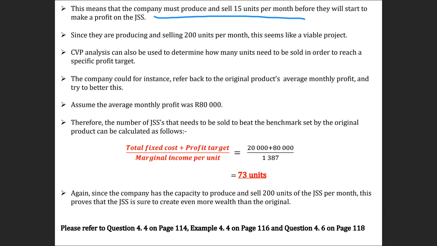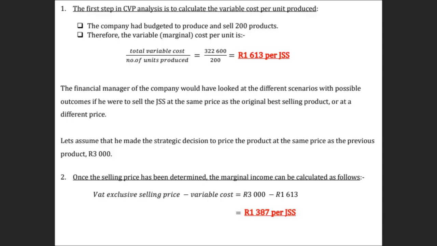Now, in this example, remember we said that this company was producing 200 units. So they were definitely meeting their break even point and they were definitely making a profit in this case.